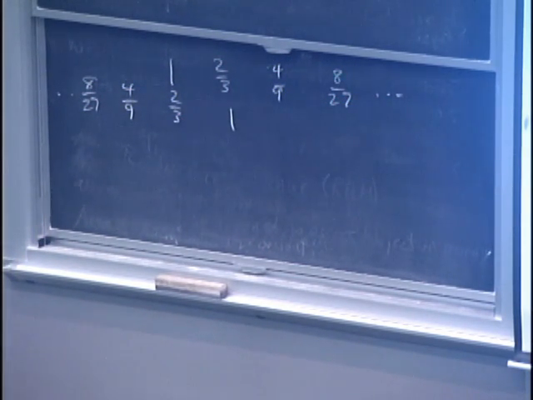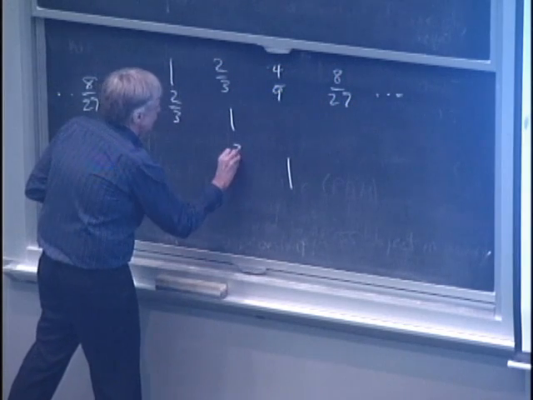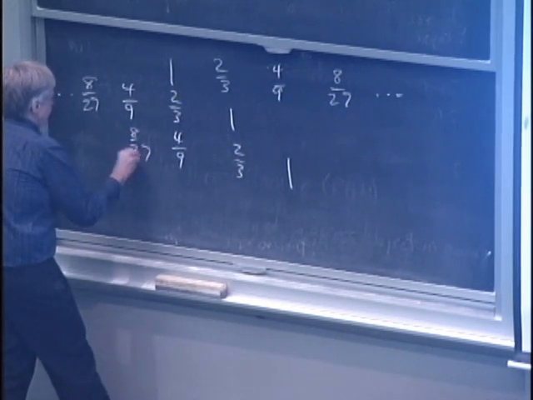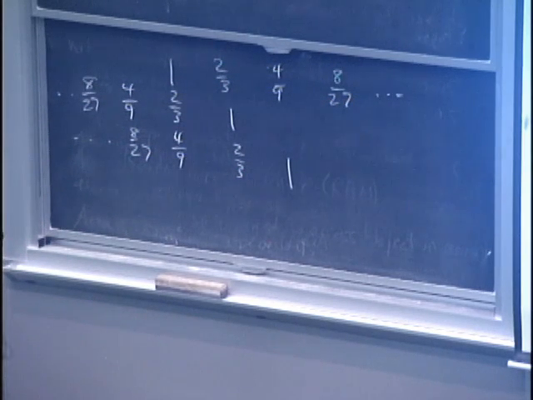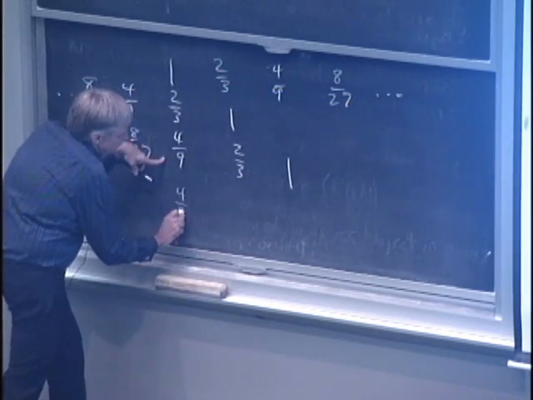If I want to compute y of 2, I shift it further. So I do 1, 2/3, 4/9, 8/27, blah, blah, blah. So flip, shift, I shift one more. Multiply, sum. Multiply 1 times 4/9 and I get 4/9.